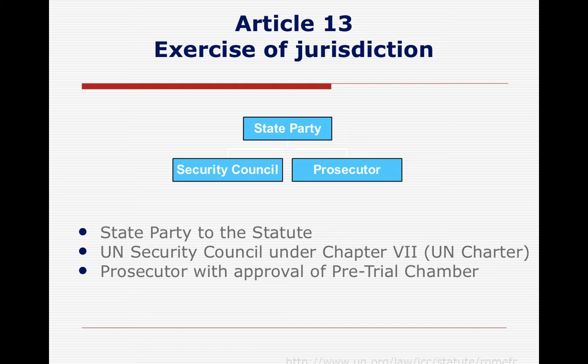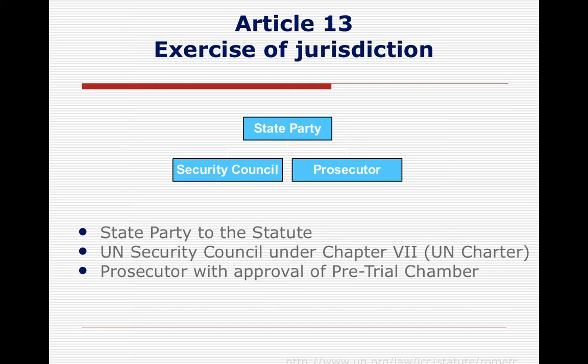One, if a crime happens in a state party, that is a party which has signed the Rome Statute, they will be subject to scrutiny, inquiry and trial. Second, the Security Council, through the Chapter 7 provisions of the UN Charter, can also refer a matter to the International Criminal Court.